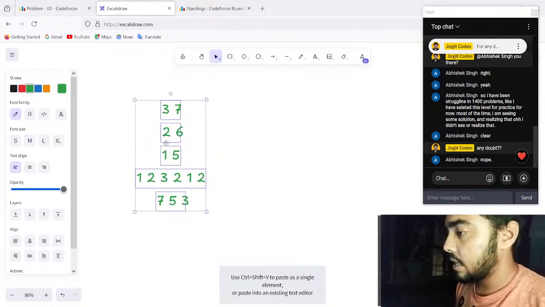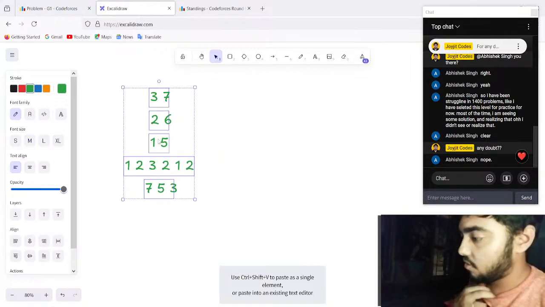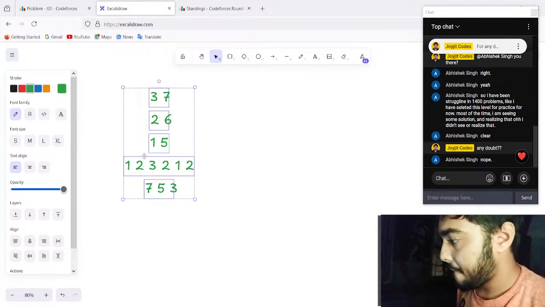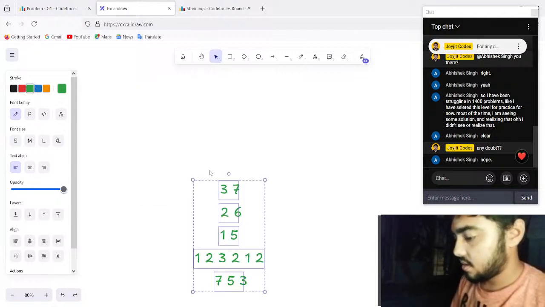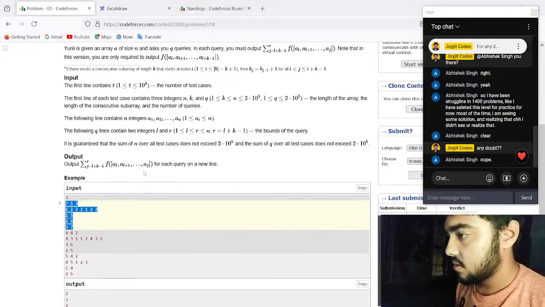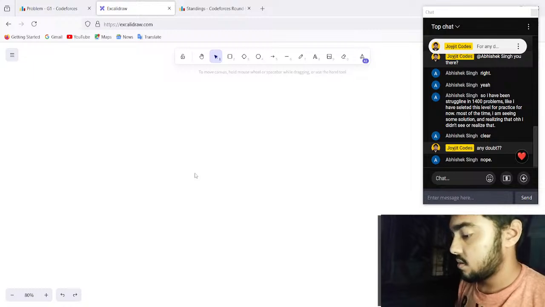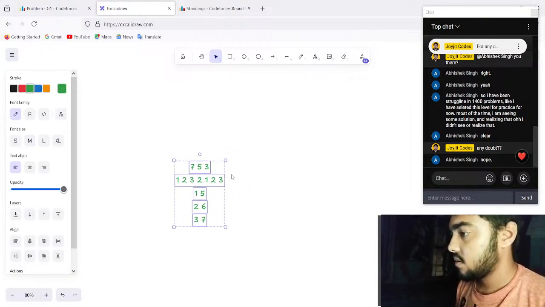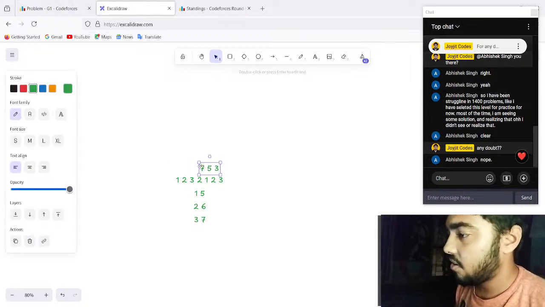So this is the benefit of using Excalidraw, because I was using Paint earlier, but I think it's not that good. Okay, so basically this is the value of n, k and q.